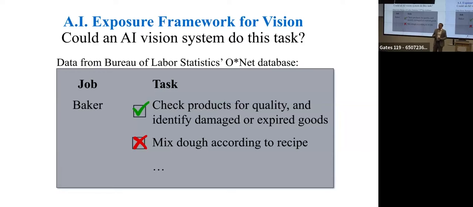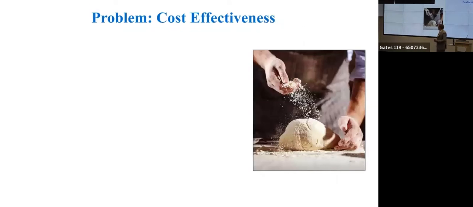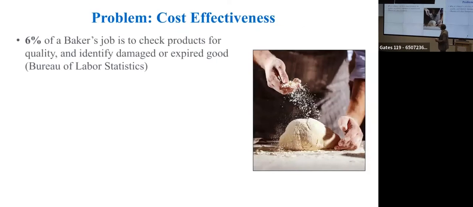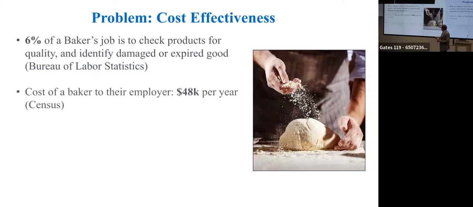Okay, of course, the problem with this, and where the heart of this paper is going to be, is the economics of this question. So let's imagine that we're doing this baker, and you actually look, about 6% of a baker's job is to check these products for quality. Okay, great. Cost to a baker, to their employer, $48,000 a year on average, according to the census.